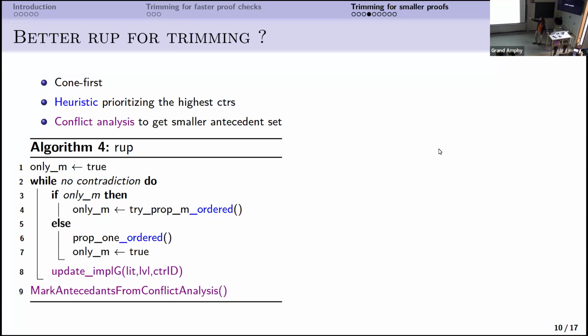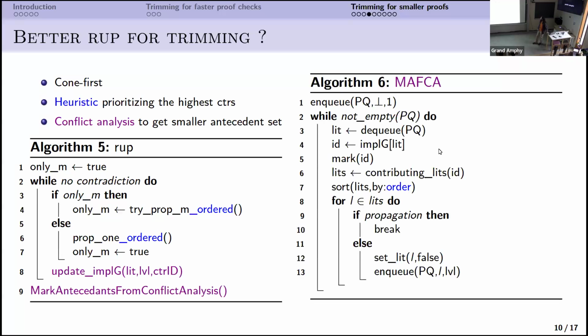And at the end of my RUP algorithm, I will call the mark-antecedents-from-conflict-analysis function, the MAFCA function. There I'm starting from the contradiction, and for each constraint that propagated something, I look at the literals that propagated this, sort them by my heuristic order, and take only the ones I need.